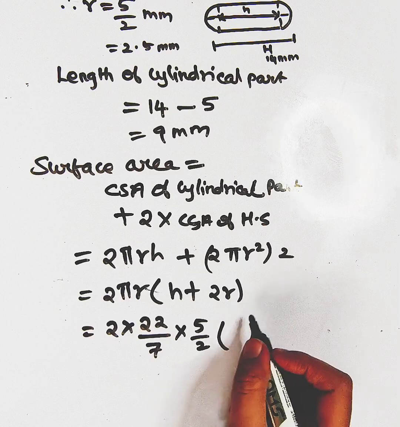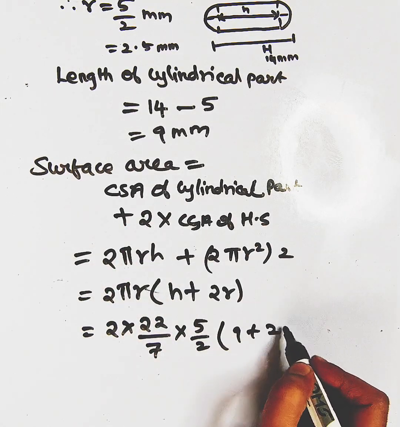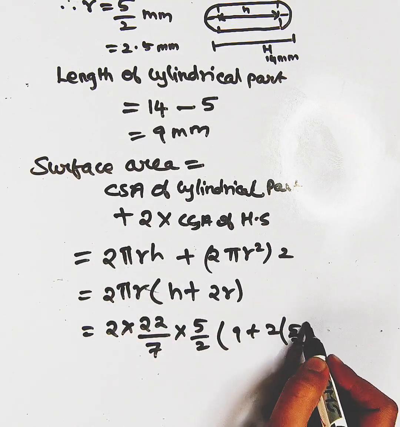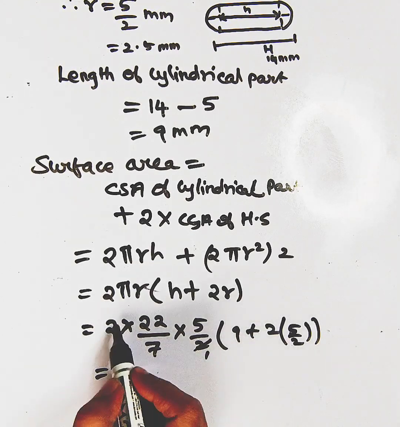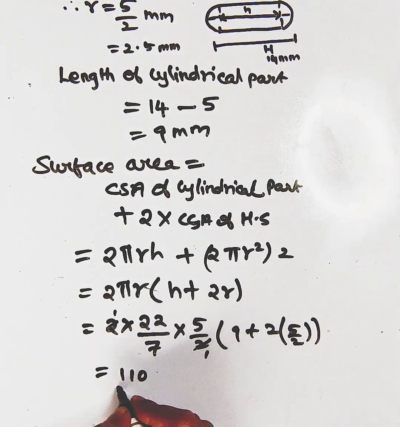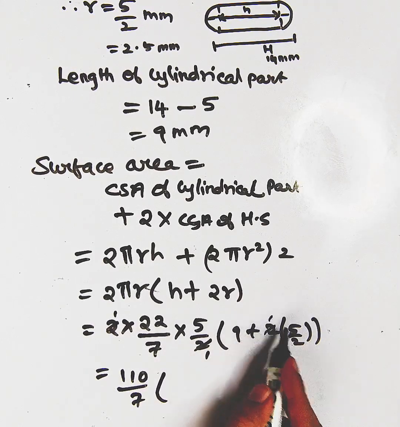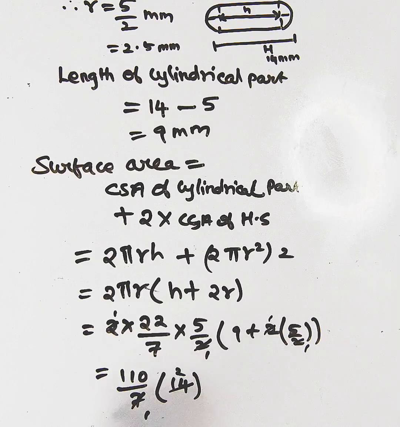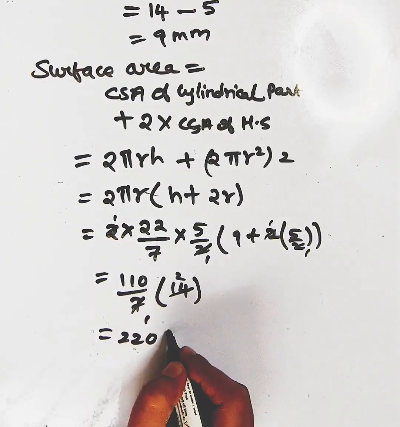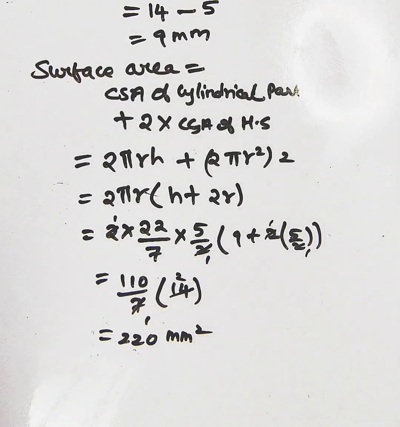H is the cylindrical part, that is 9, plus 2 into r, that is 5. 2 and 2 we can cancel, it is 110 by 7 into 14, 7 ones are 7, 7 twos are 14, so it is 220 millimeter square.